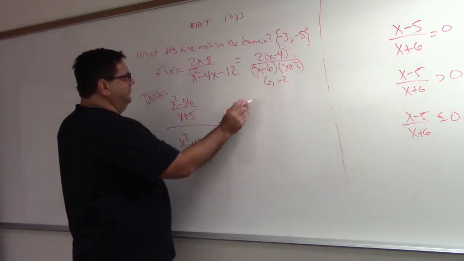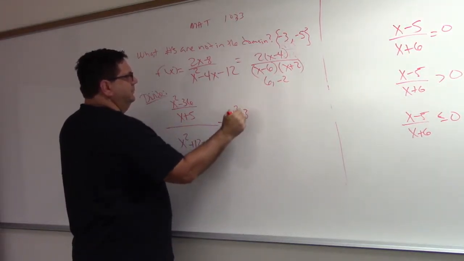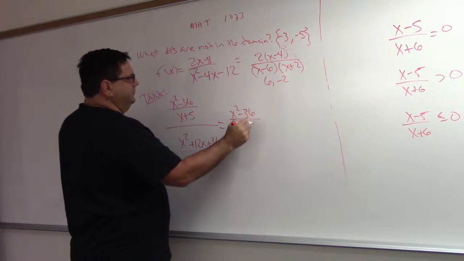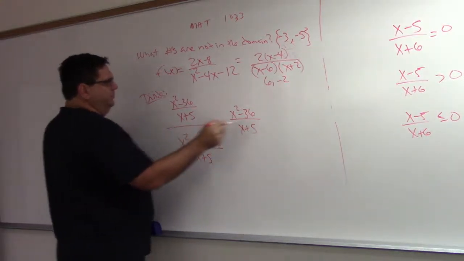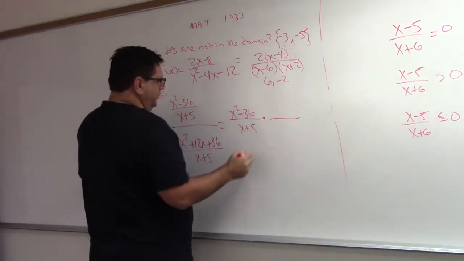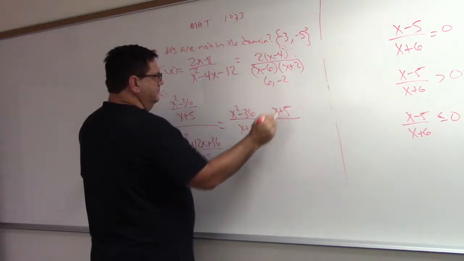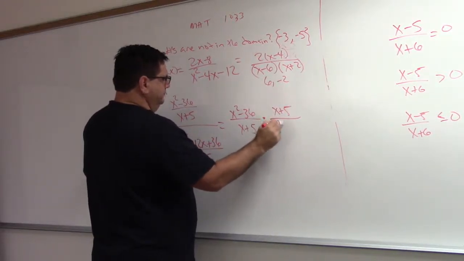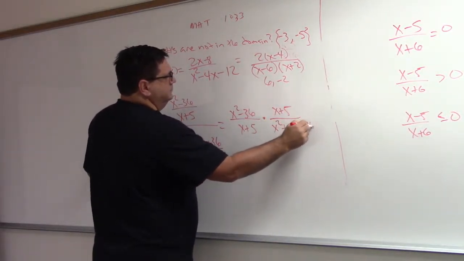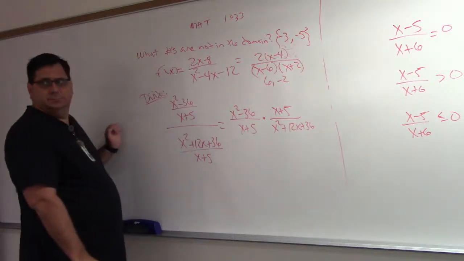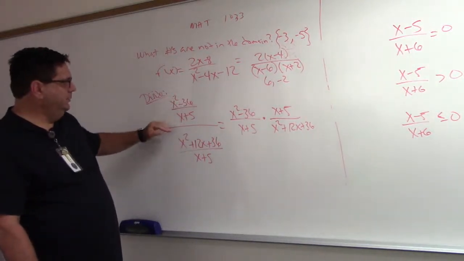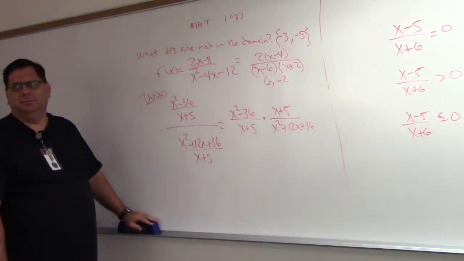X squared minus 36 over x plus 5. We keep, we change, we flip. Keep, change the multiplication, flip the bottom.